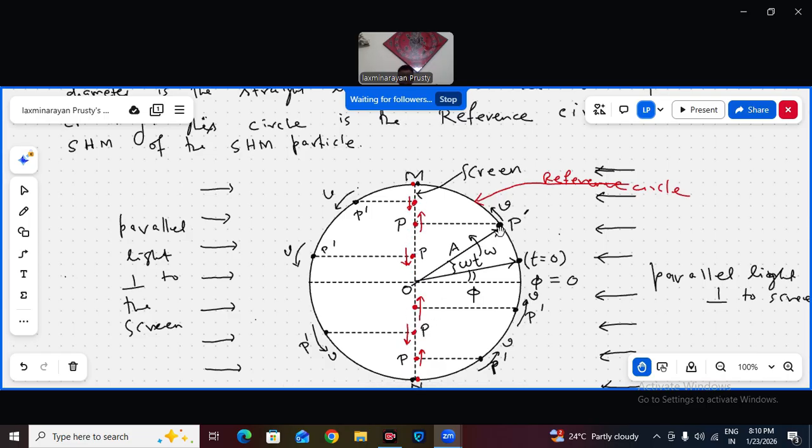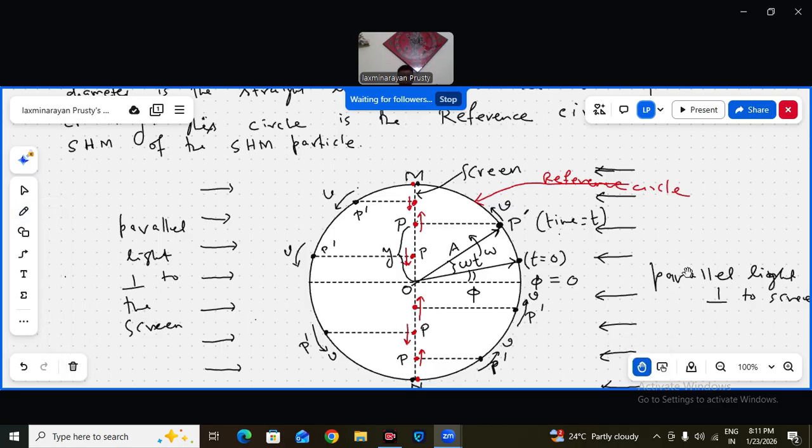So when P dash is here at any arbitrary time t, the position of the shadow is P. So this is the displacement of the shadow from the mean position OP. Call that y.